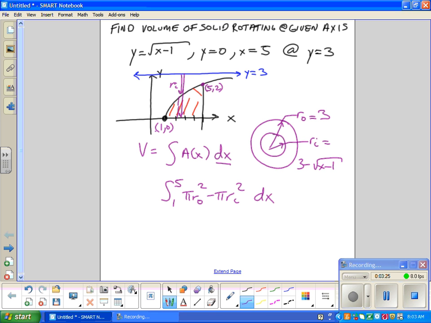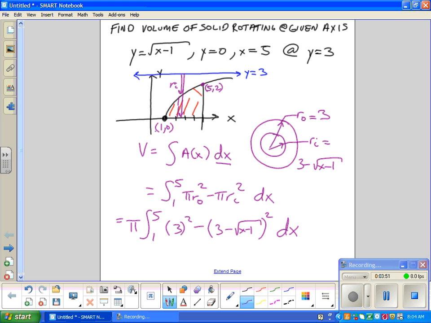You guys agree? All right, so let's set this up. And I get the integral from, I'm going to factor pi out, 1 to 5, 3 squared minus (3 minus the root of x minus 1) quantity squared dx.